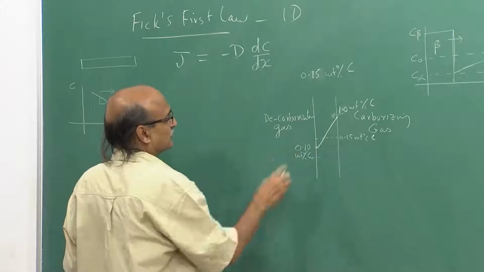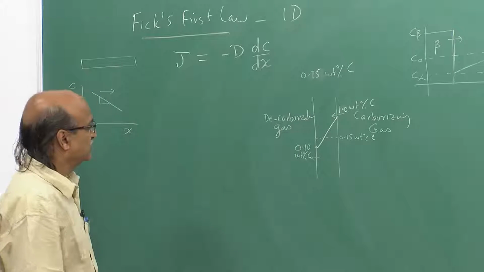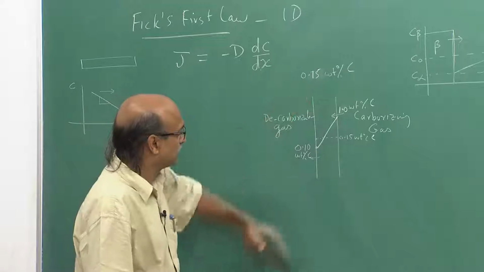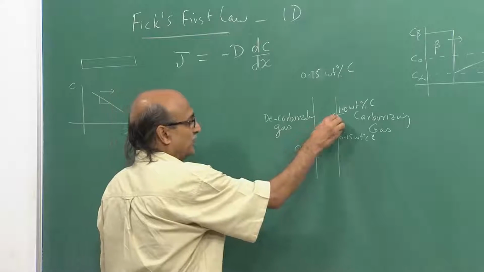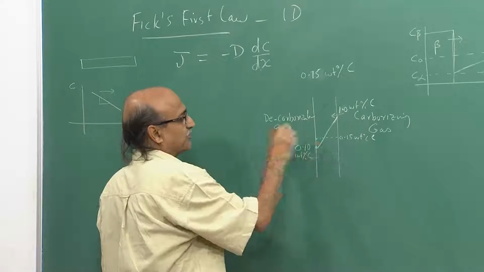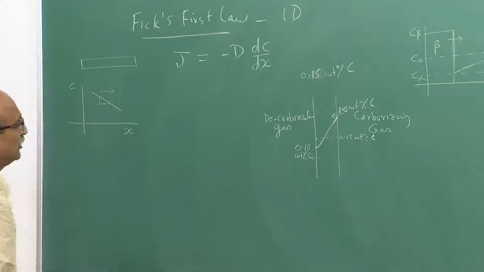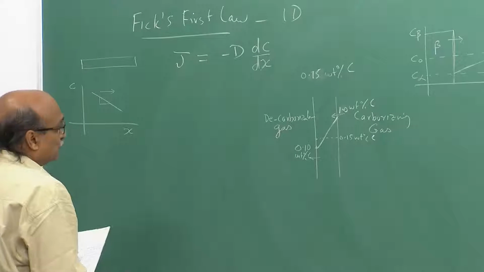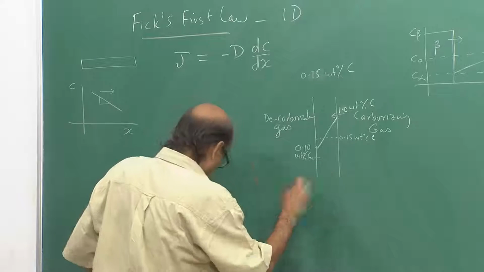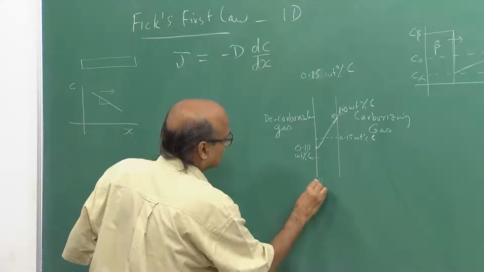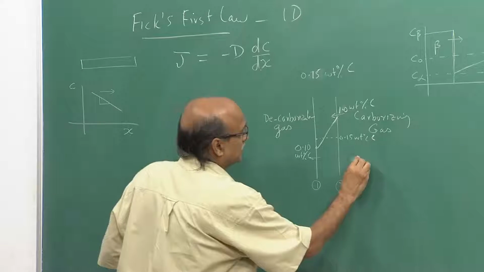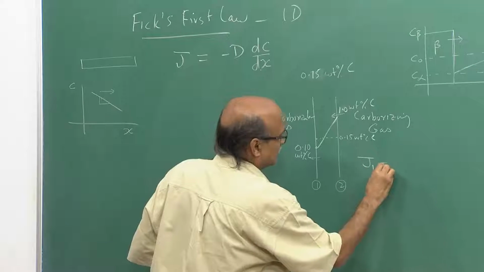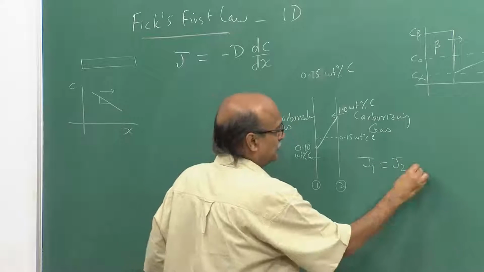And both of these fluxes at steady state are a constant, and hence the profile of the carbon concentration inside this thin sheet would be given by this linear line. So, if I look at flux at the two surfaces, at surface 1, at surface 2, then at steady state J1 is equal to J2.